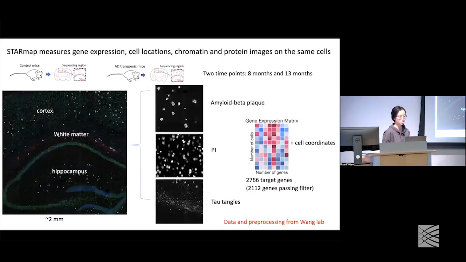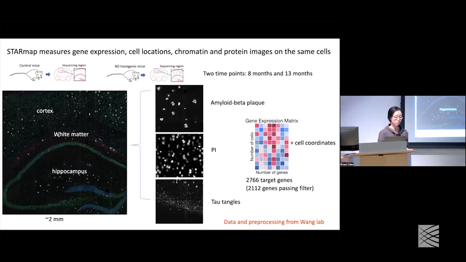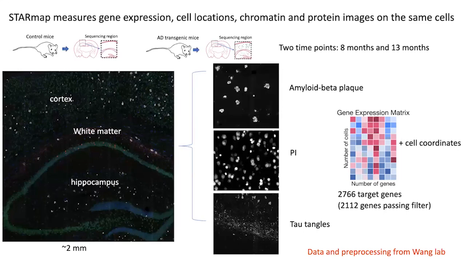First, I'd like to introduce the data set we're working with. It's a measurement performed by the STARmap method, and the data is collected here at the cells group. In the experiment, there's a measurement of the gene expression in each individual cell, and also a measurement of where the cell is located inside the tissue.